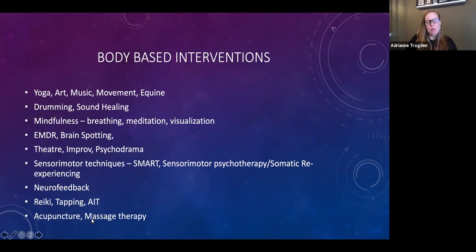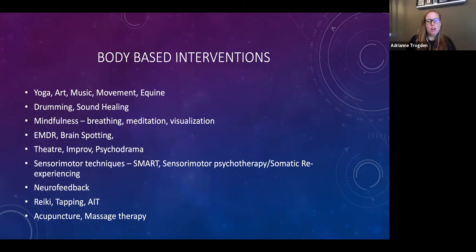But there are options that I think we don't always think about when we're working with clients, and that can be really helpful for clients that are experiencing both trauma and addiction, or substance use issues at the same time, because it's helping deal with the same kinds of issues.